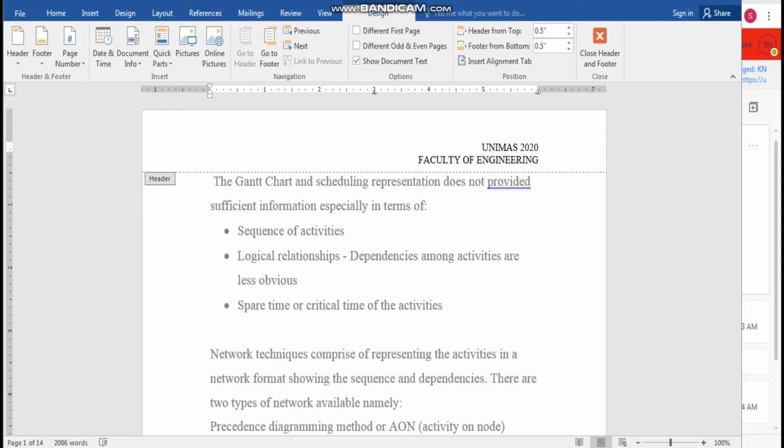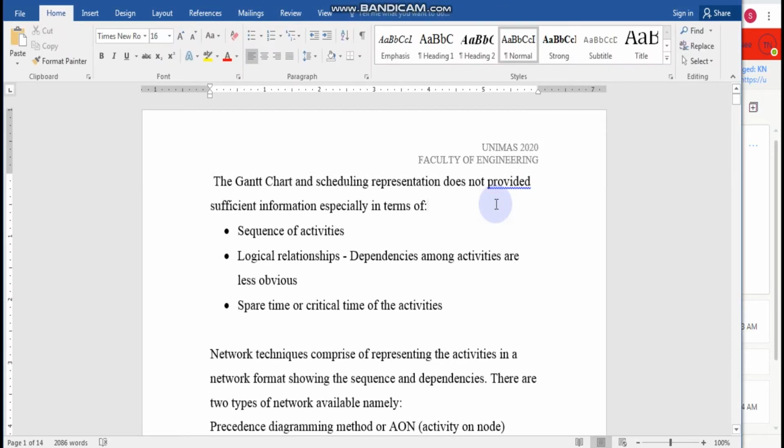So for this particular class, I am going to go through with you some things that are not covered by a schedule, and therefore we need another method to look at it. One reason is that the Gantt chart does not provide a lot of things.